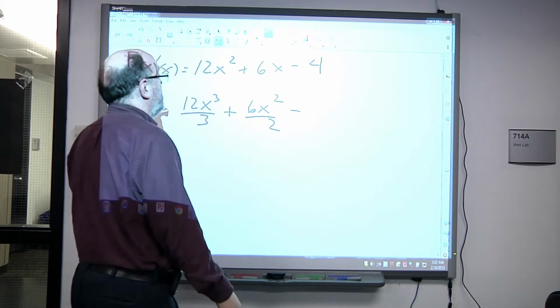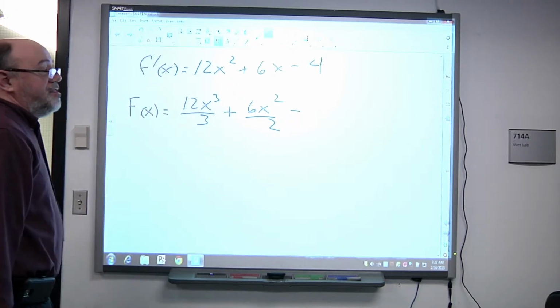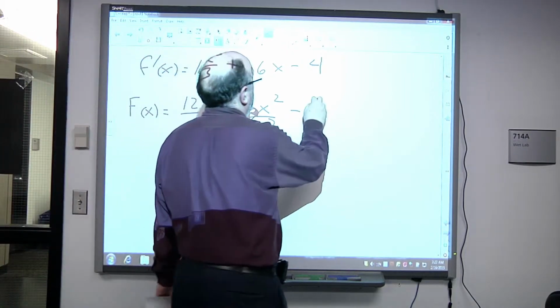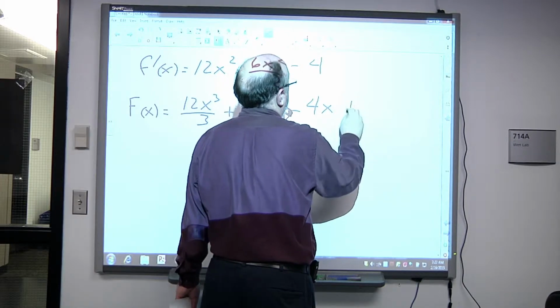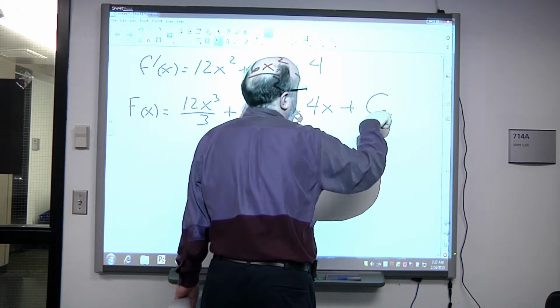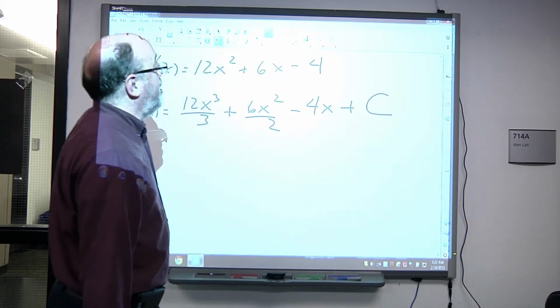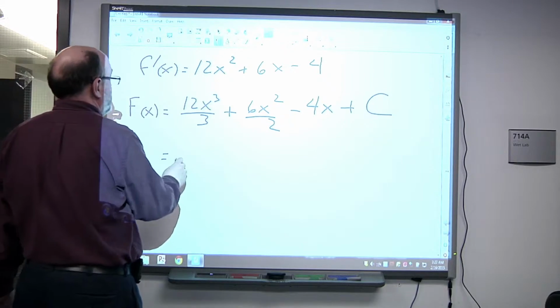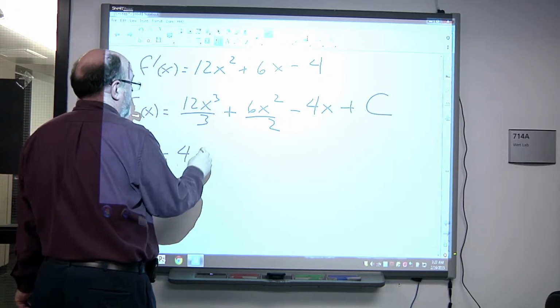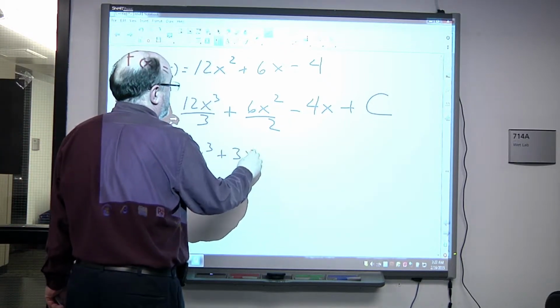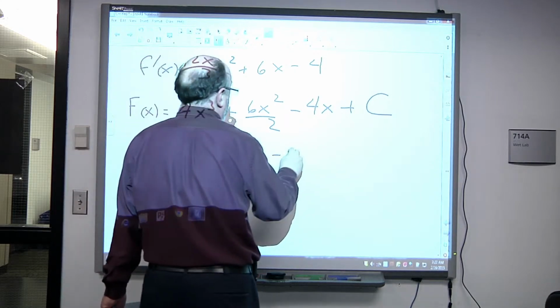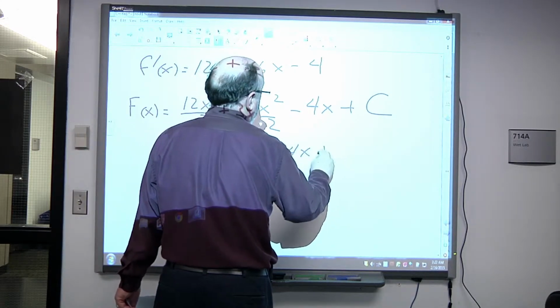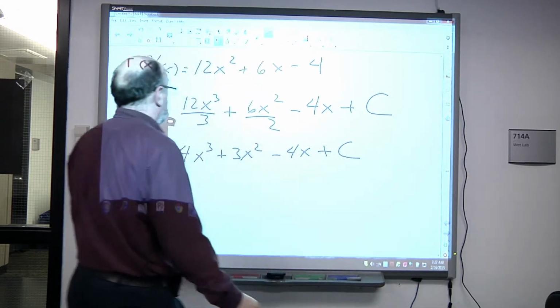And now when we do the antiderivative, we introduce a constant, because there could be whatever number at the end, we add that c, which stands for some constant. And so this could be simplified to 4x cubed plus 3x squared minus 4x plus c.